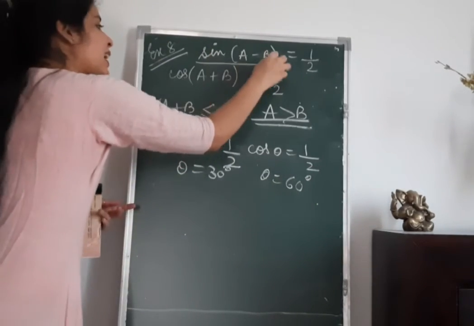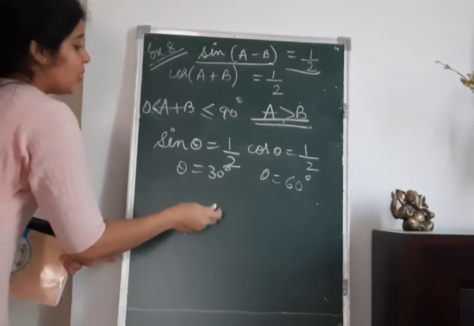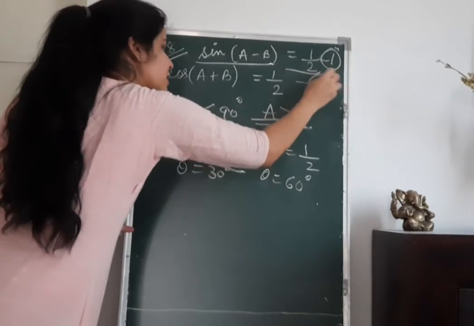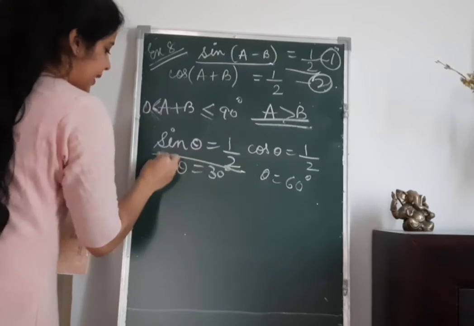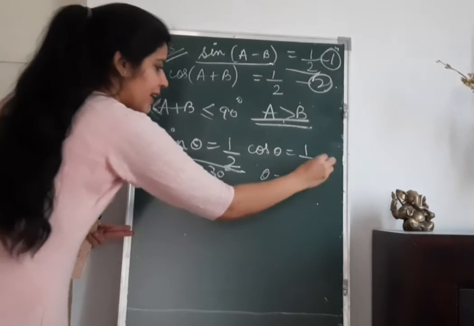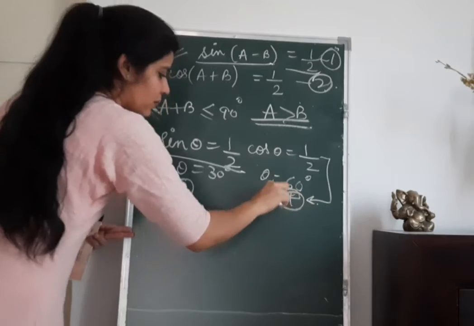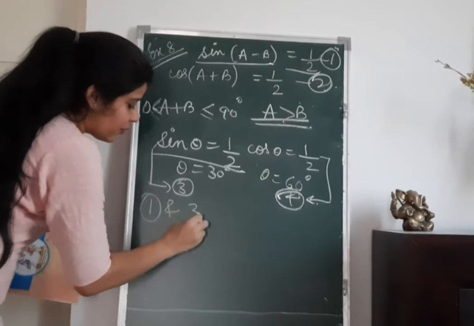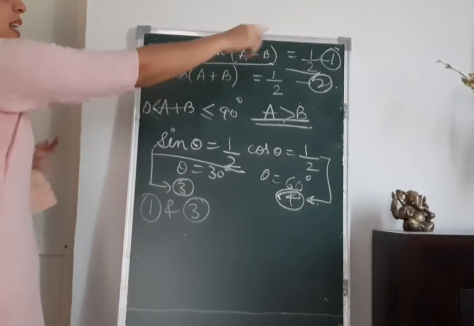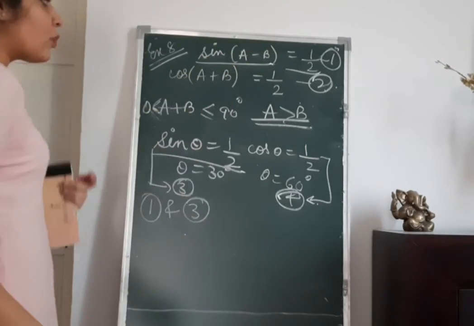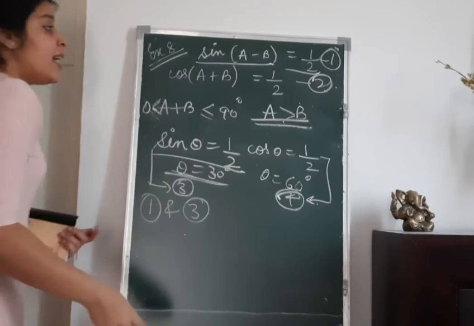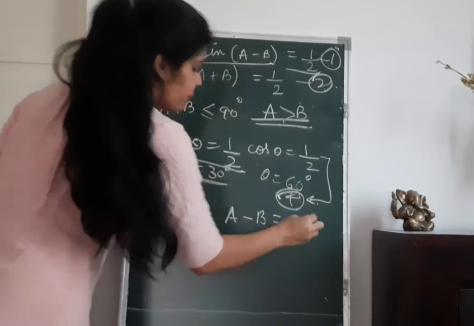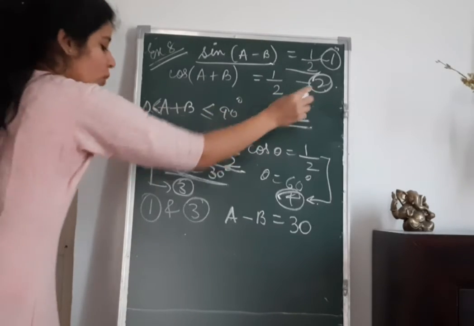So, let this be your first equation, this the second equation, this the third equation, and this the fourth equation. Using equation 1 and 3, sine of angle A minus B is equal to half, and sine theta is equal to half when theta is 30 degree, so A minus B is going to be equal to 30.